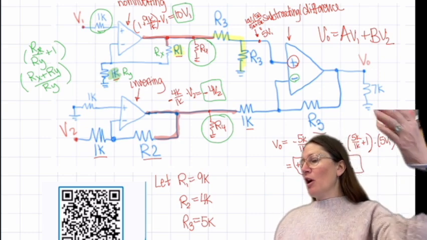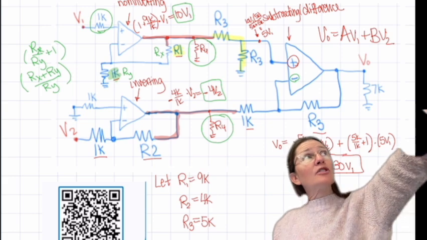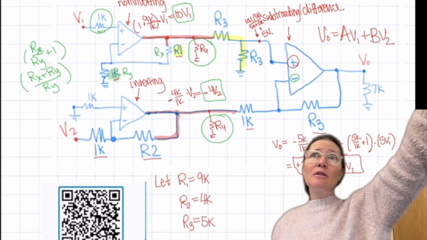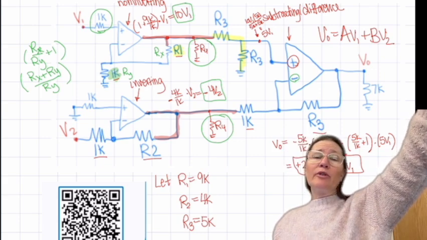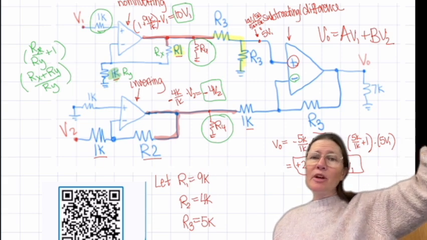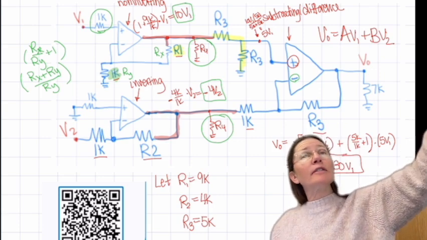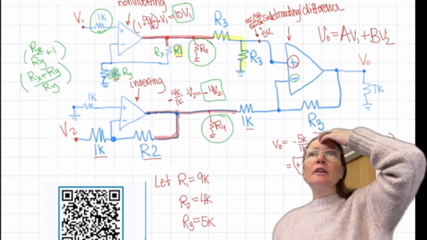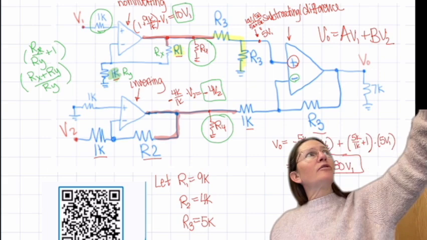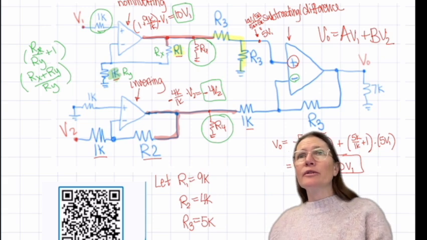The R3 and then the other R3 going down creates a division, so the node on the other side is going to be a different voltage value. So you can either figure it out by node voltage there, or you can figure it out knowing that's a voltage divider and doing it then. Does that make sense? So it does depend on where the location of those resistors are, whether it's a divider or not.